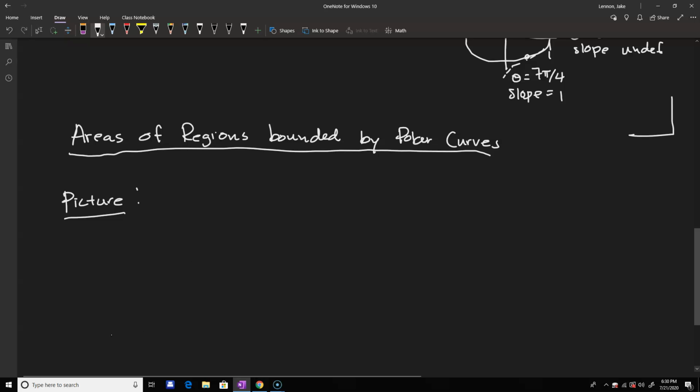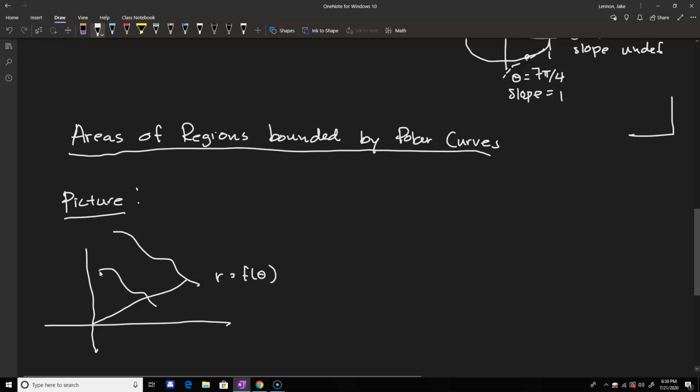Now we're going to be integrating with respect to theta. So let's say we have some curve, and maybe the curve is over here. We have some r equals f of theta, and we're essentially rotating counterclockwise to find the area between two curves. So this one is r equals g of theta.